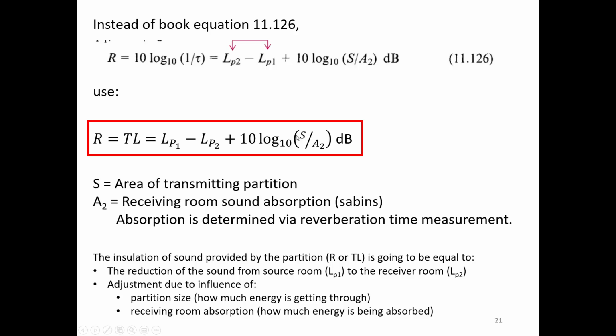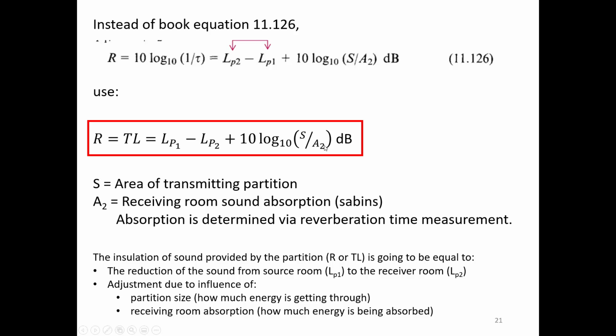Say we have a larger surface area, but the sound pressure level in the receiving room is the same. That must mean that our transmission loss is greater. So if we have LP1 minus LP2 plus this term, and that's in the numerator, that's going to make that happen. And the reduction from room 1 to room 2 is a big part of the transmission loss.